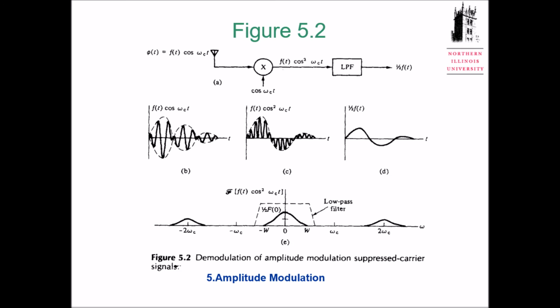In my block diagram, not very complicated. However, in order to find perfect cosine omega c t, we have a frequency reference extraction for omega c, and we have phase lock loop for phase. So that makes our receiver side way more complicated.